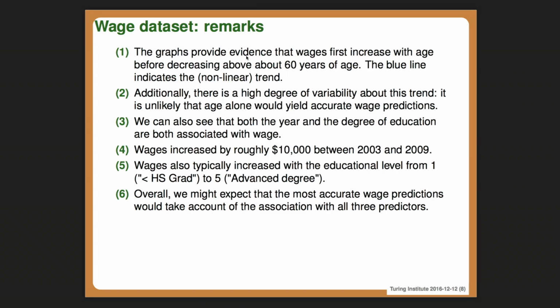There was some inflation in wages. Wages roughly increased by about $10,000 between 2003 and 2009. Wages typically increase with the educational level, and we might expect that the most accurate wage predictions would arise by taking into account all 3 of those predictors.